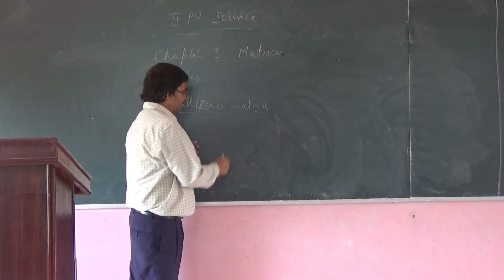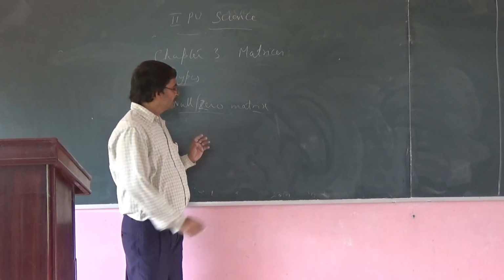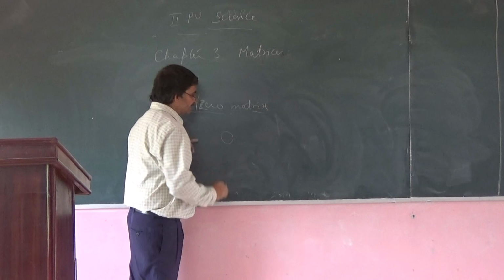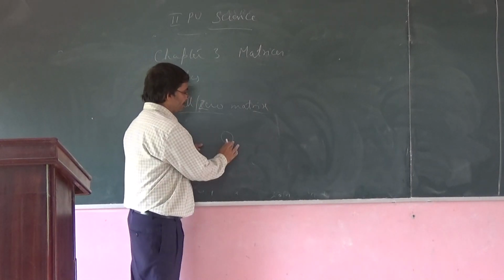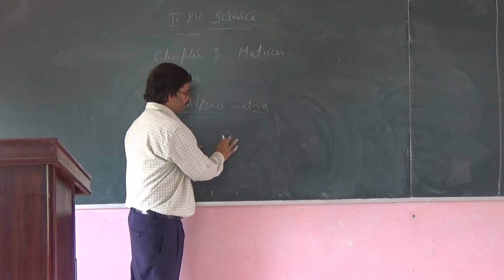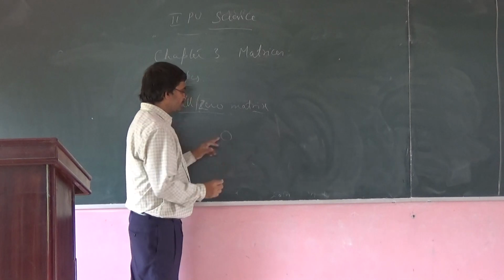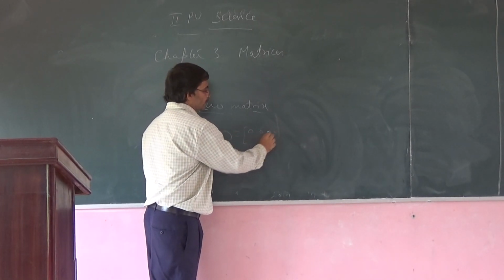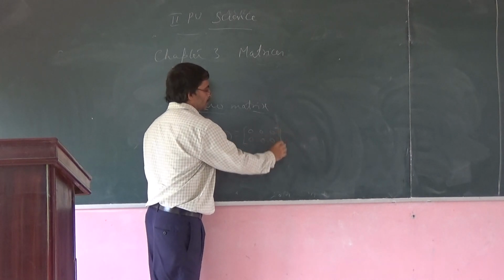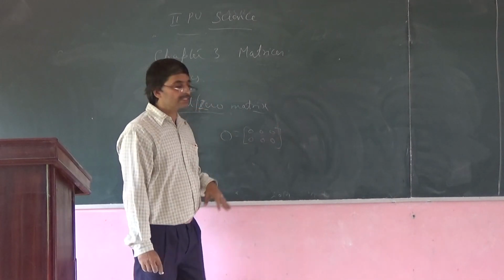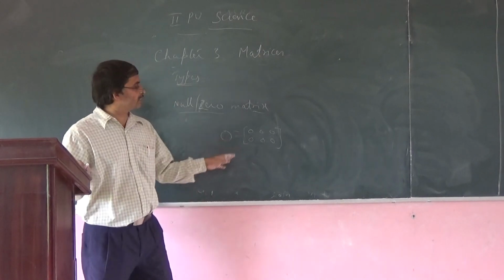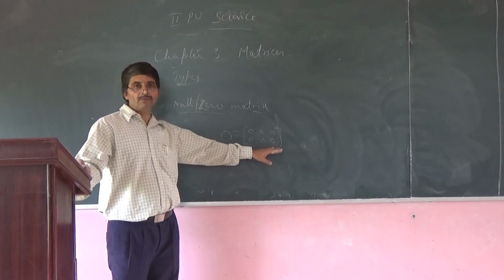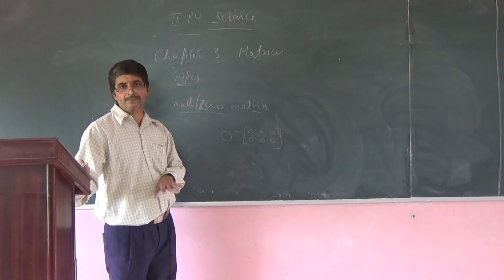I can write a matrix like this, but generally a null matrix is represented using this symbol. For example, 0, 0, 0, 0, 0, 0. All the elements are zeros here. That is why it is called a null matrix.